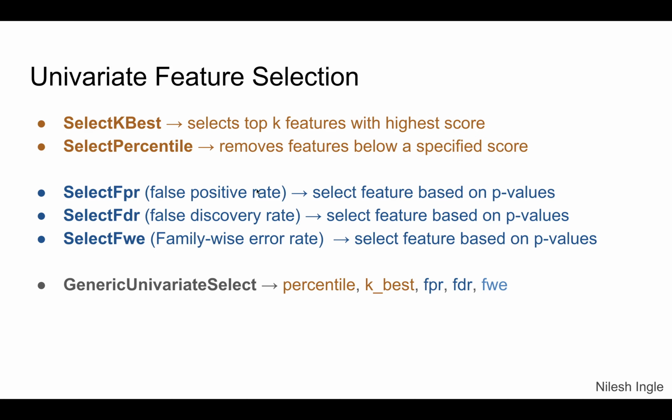The methods that are here in blue use the p values for deciding whether to keep or drop particular features. So there is select FPR, FDR, FWE, which is false positive rate, false discovery rate, and family wise error. And then there is generic univariate select, which can take any of these values to perform the selection.